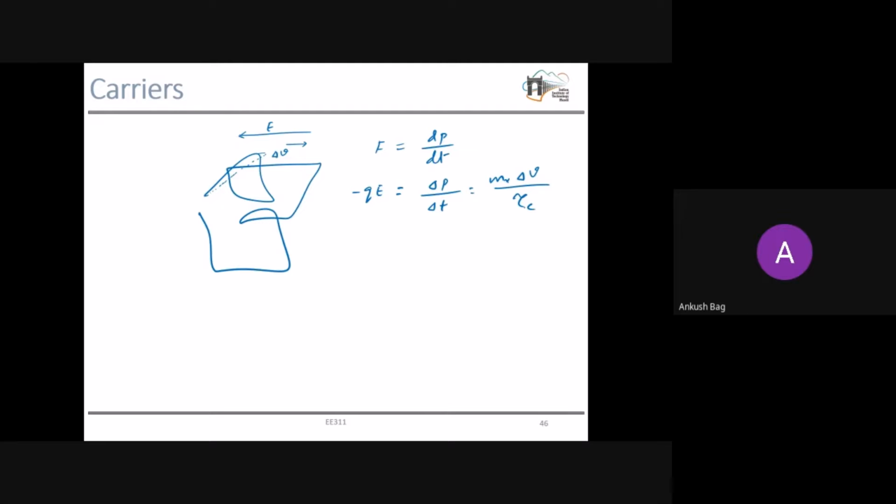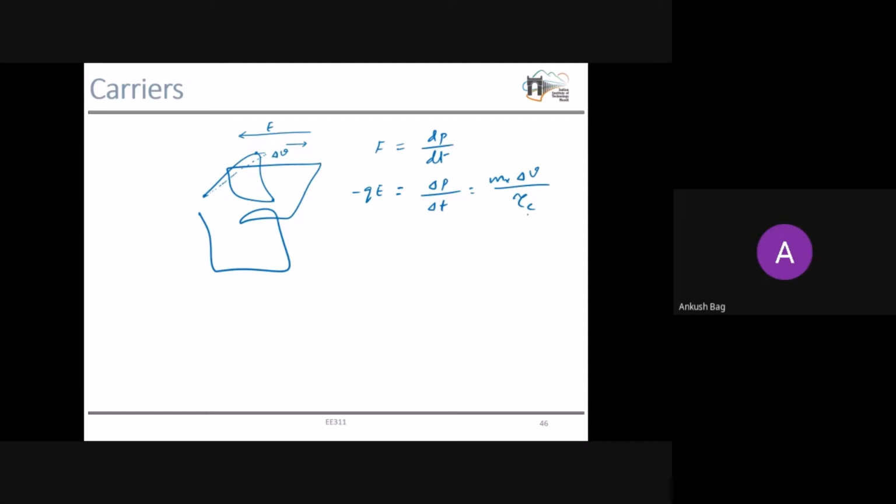Tau c is typically called mean free time. When your electron is generated here, it will travel this path, and once again it will collide here. After collision, it will change its direction. Once again it will collide here. So the time between these collisions is the mean free time, called tau c, and this is also related to the mean free path.